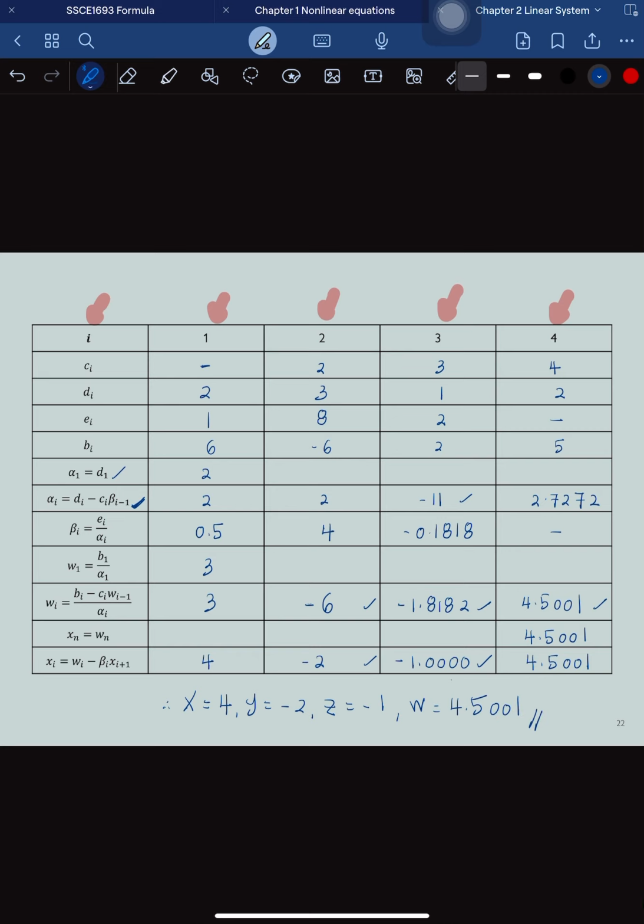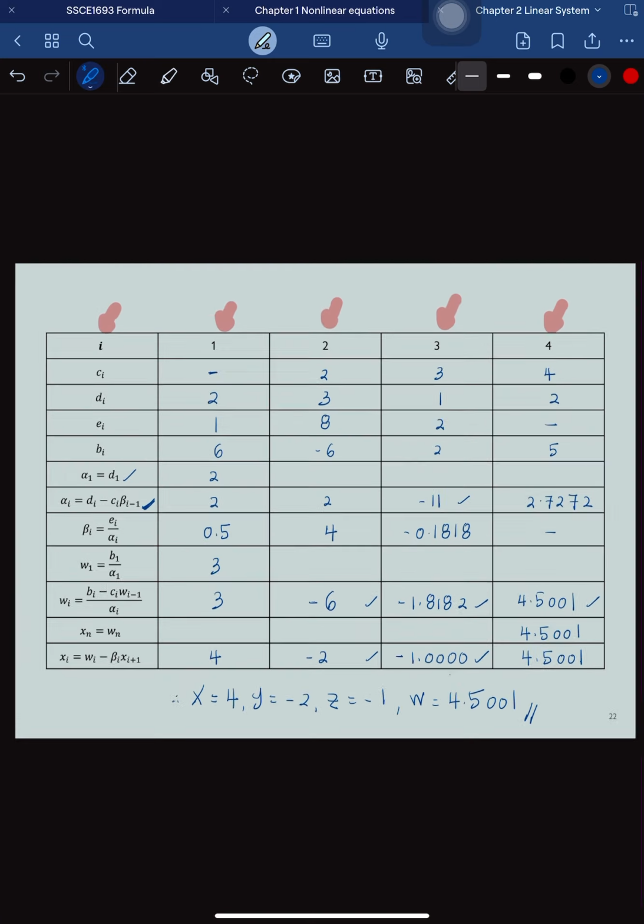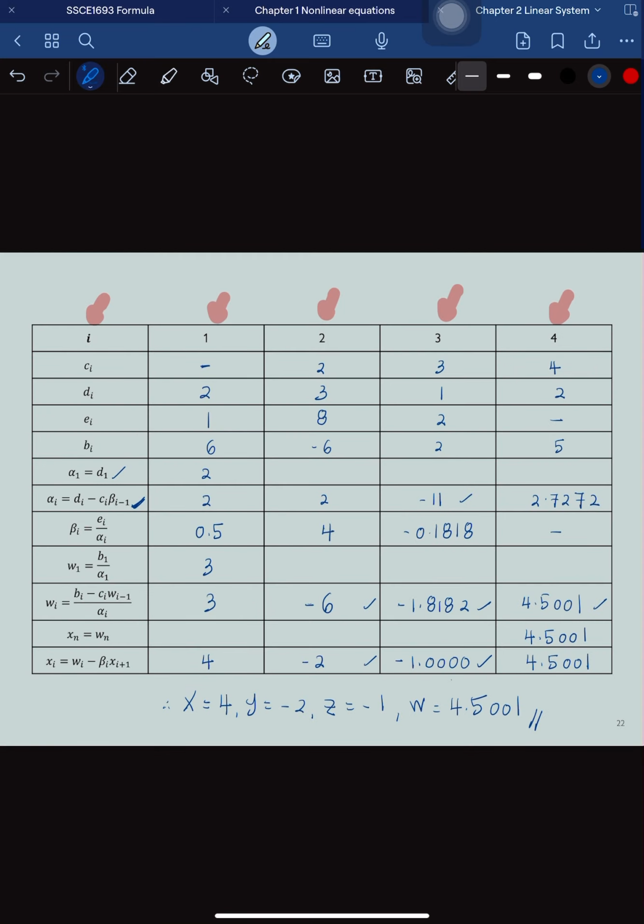So this is your answer by using the Thomas algorithm. Thomas is quite complicated. That's why they give you the formula and you just need to follow it one by one. Just follow the steps.